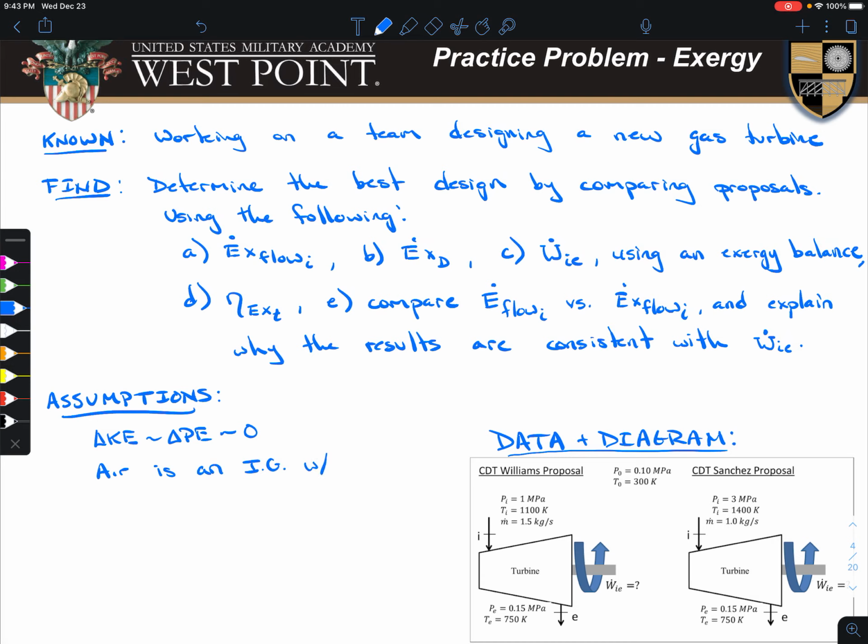And we're going to say it's an ideal gas with variable specific heats, which means that your specific heat at constant pressure or your specific heat at constant volume are not constant, actually. They're varying with temperature.